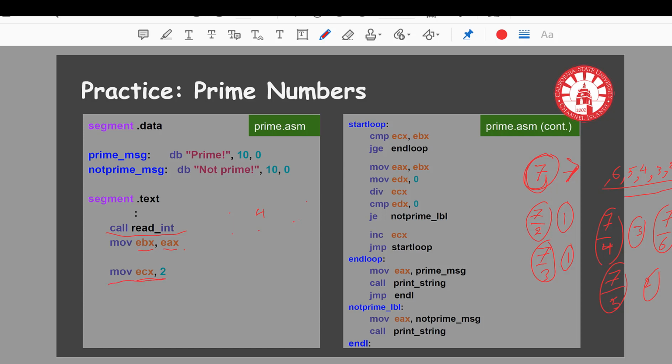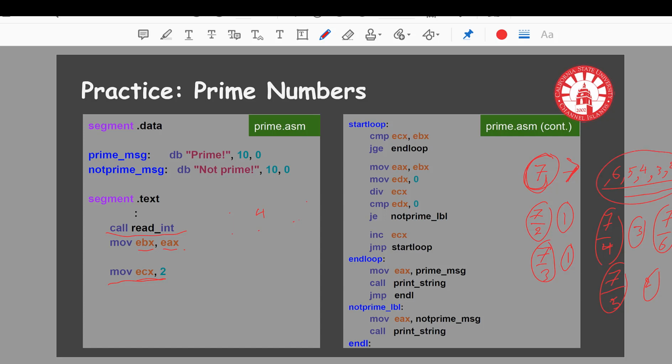Why? Because we want to divide the input by all numbers except 1, and ECX this time is going to store all those numbers smaller than the input, so that we divide by the ECX value starting with 2, as we did in this example.